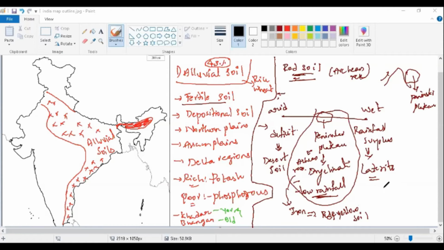Is it clear till here? Yes, ma'am. Okay, fine. So, ma'am, the Archean rock will break down and then it will form the red soil, right? Yeah, true.